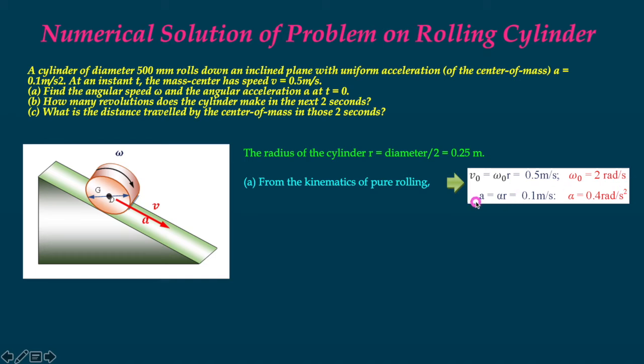Similarly, the acceleration A is given, A equals alpha r. Substituting the value of r, we get alpha equals 0.4 radian per second square.